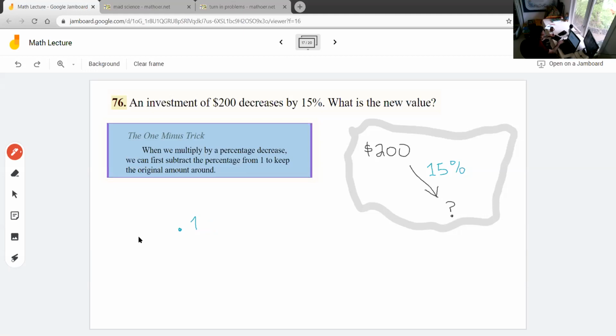Okay, so what I'm going to need to do is take my 1 and subtract my 0.15.